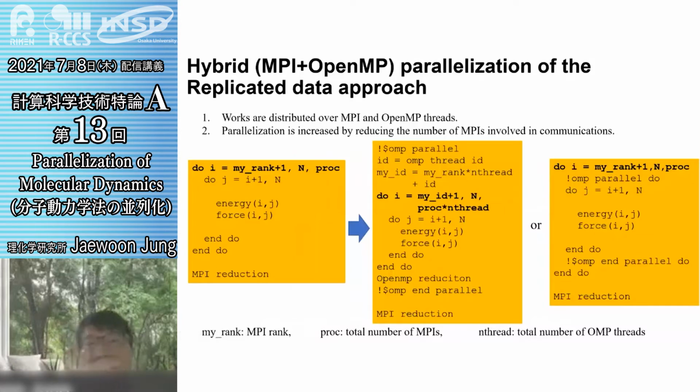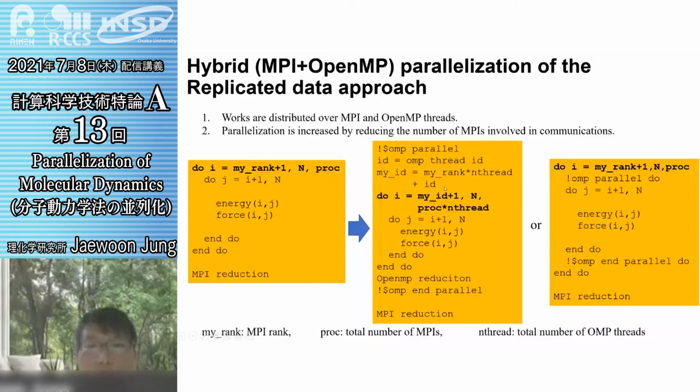And even for this one, we can make use of hybrid parallelization by combining MPI with OpenMP. For example, the first do we distribute over MPI processors, and we can just change this in this way, by making a new index combining MPI rank and my OpenMP ID.